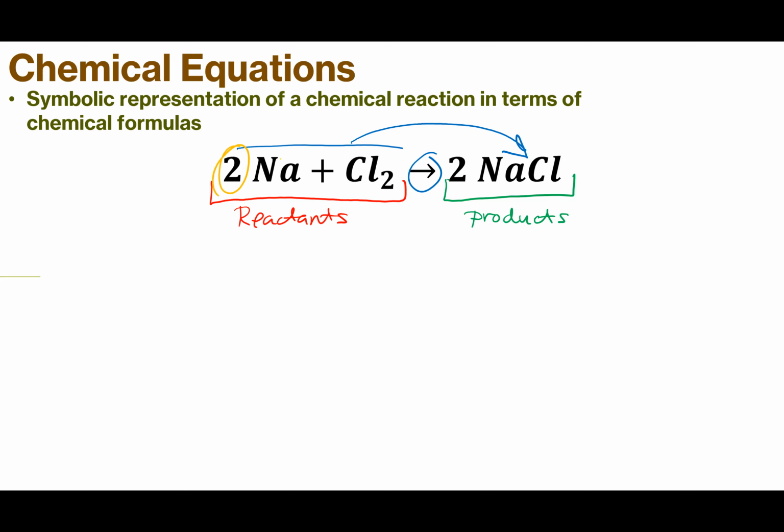The numbers in the front are called coefficients. For this example, we have 2 sodium in here and 2 sodium chloride here, and we'll talk about where those come from in a minute.